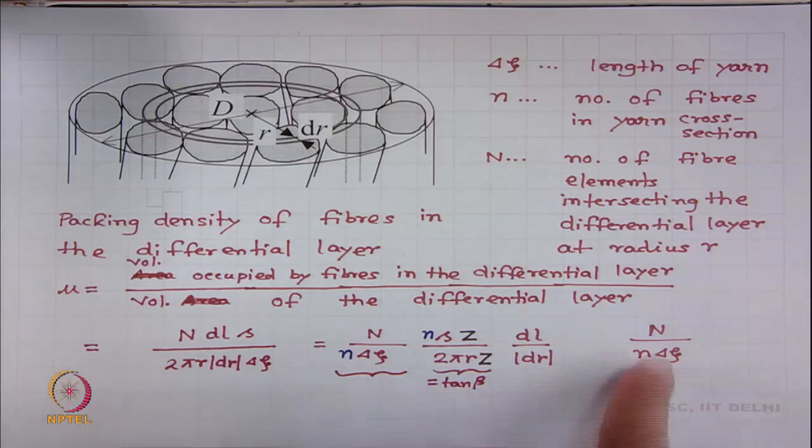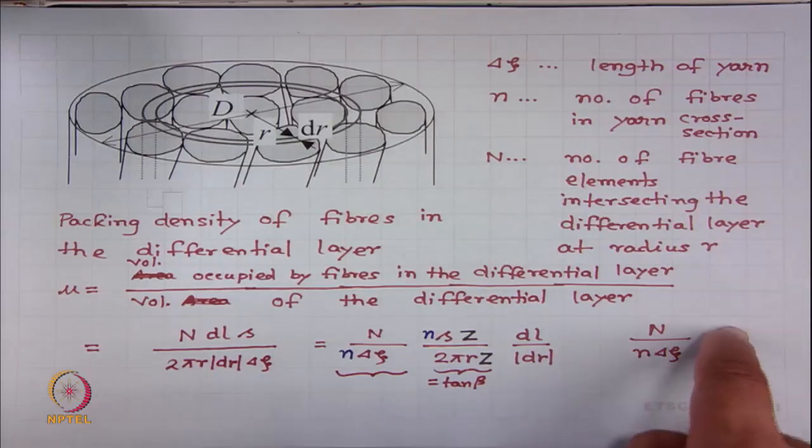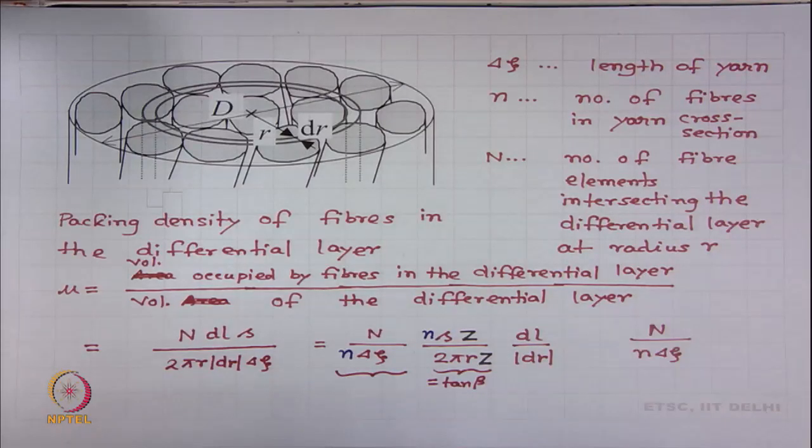Number of fiber elements intersecting the differential layer at radius r divided by number of fibers divided by per unit length of yarn. That means this ratio gives you the number of fiber elements intersecting the differential layer at radius r per one fiber per unit length of yarn.